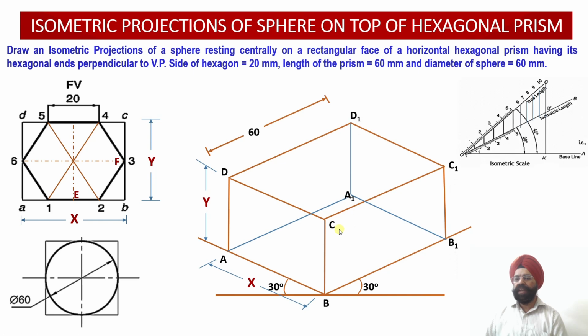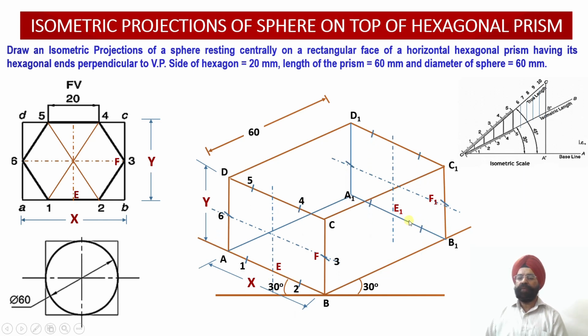After drawing these, we have to work out the center points of the front and the rear face. Then we have marked the 6 points of the hexagon in the front face and 6 points of the hexagon corresponding to the rear face.